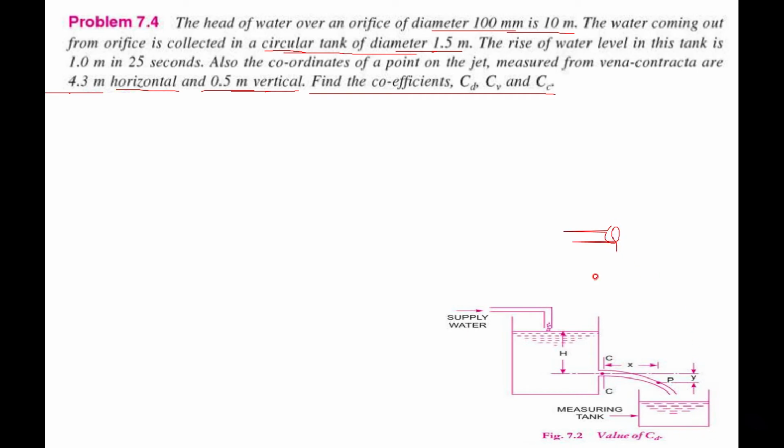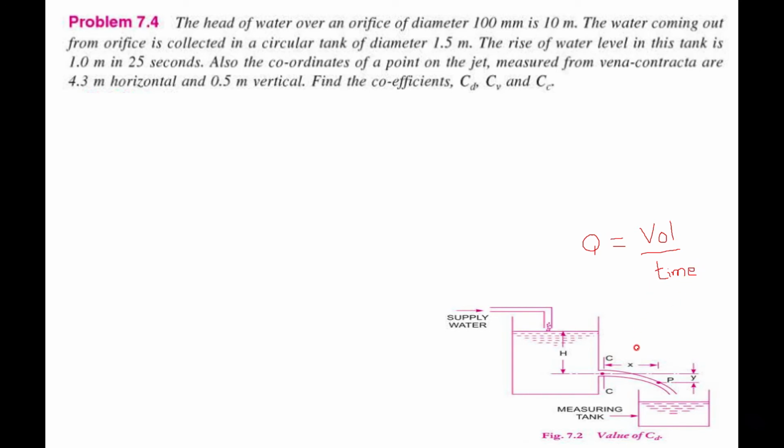So Q equals volume by time. If you are calculating in the laboratory, you directly get the actual discharge from volume by time. The volume can be easily calculated as area multiplied by height.